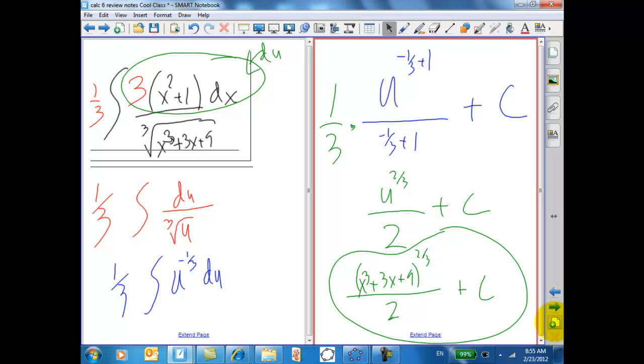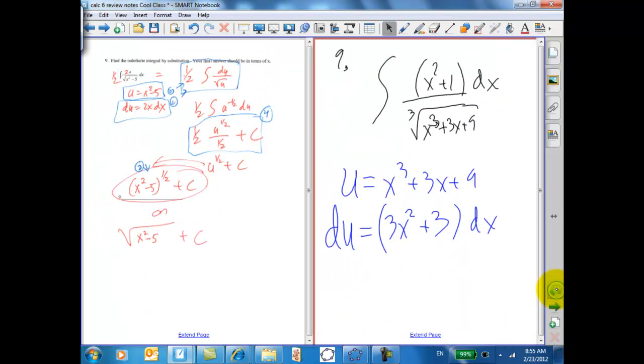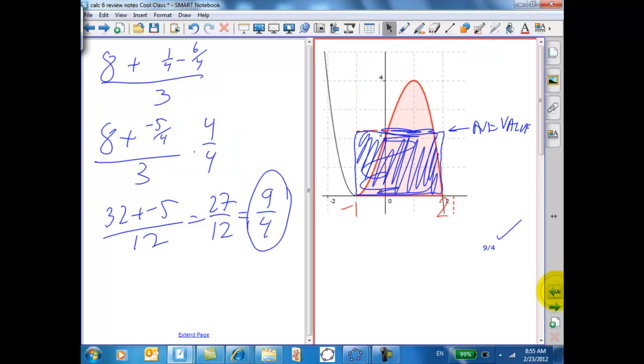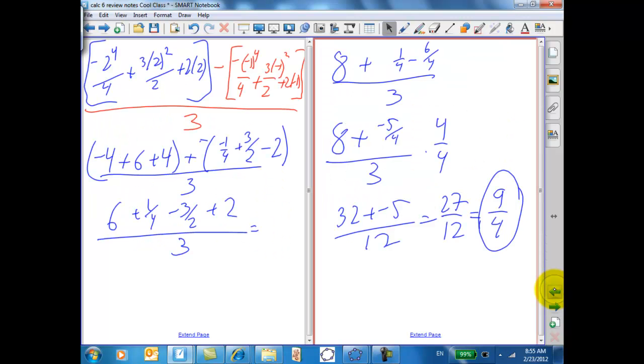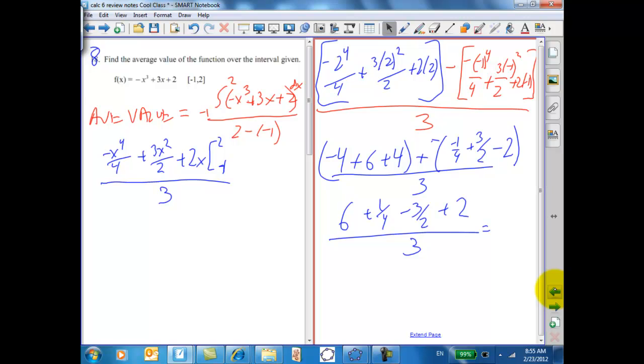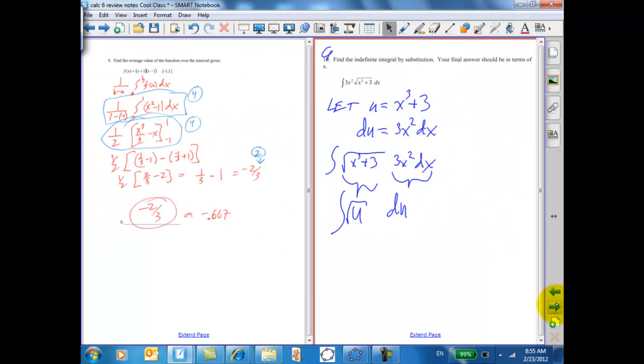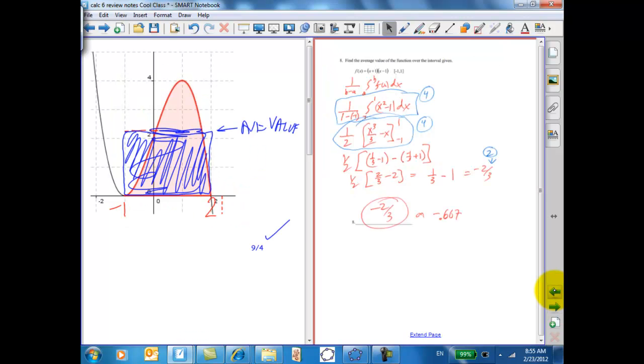Okay, what else? Let's do an area problem. Well, let's do an average value problem. That would be number 8 here.